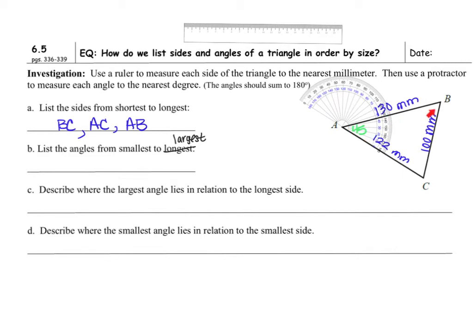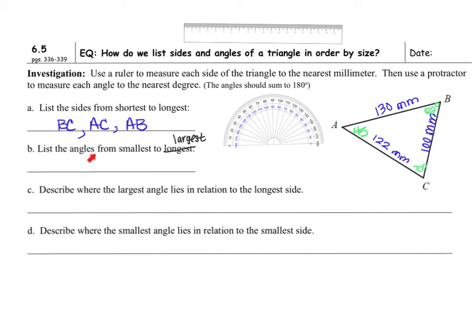Now let's measure angle B. Now that I have the protractor measuring angle B right here, it looks like angle B would be pretty close to 62 degrees. Now let's take a look at letter C. This one's going to be a little bit more difficult just because my writing is kind of getting in the way of the protractor, but I'm going to go ahead and estimate this one as 70 degrees.